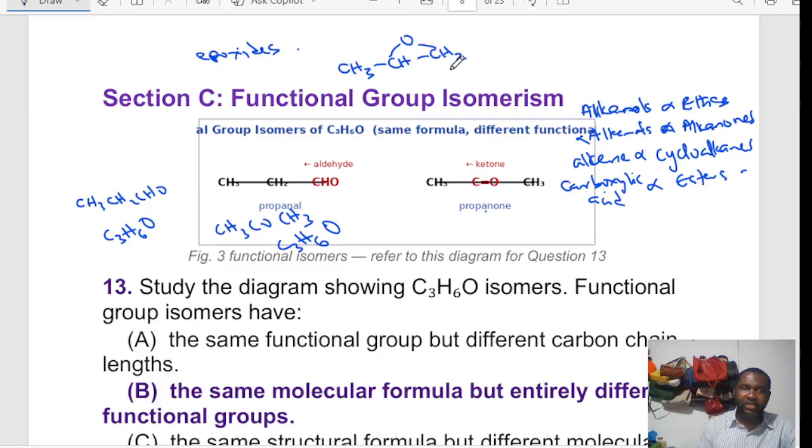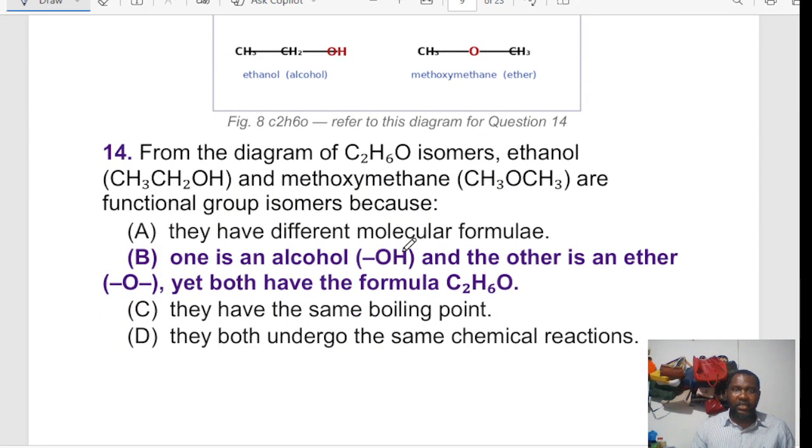If you count, you have 3 carbons, hydrogen is 3 plus 1, 4, plus 2 is 6, then 1 oxygen. So you can see C3H6O. That's by the way.